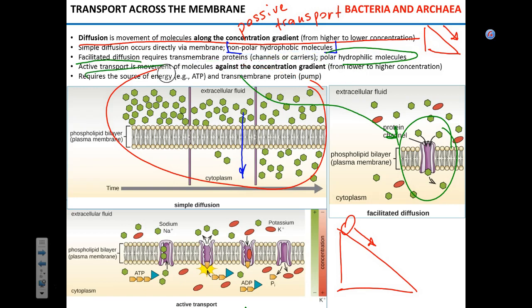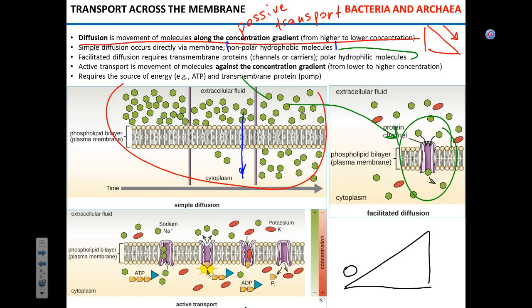In some cases, you need to transport molecules against the concentration gradient. So what you need to do is to drive that ball in the bottom right corner up the slope. In this case, the kind of transport is called active transport. And active transport allows you to move molecules against the concentration gradient. So far so good?